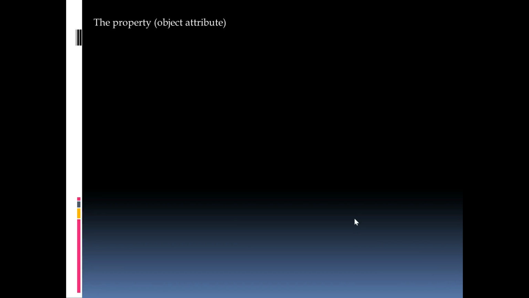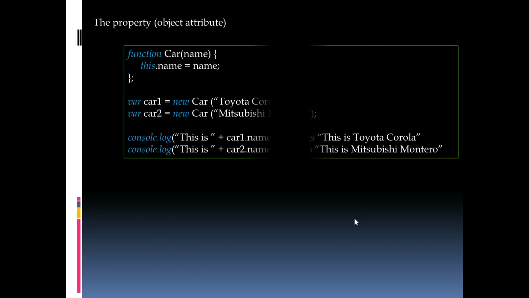So we can add a property inside the constructor. A property is an object characteristic. For example, we want the name of the car, so using the keyword this, we can create the property name.